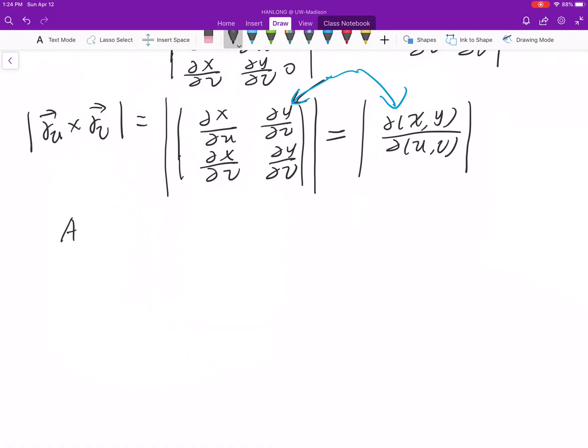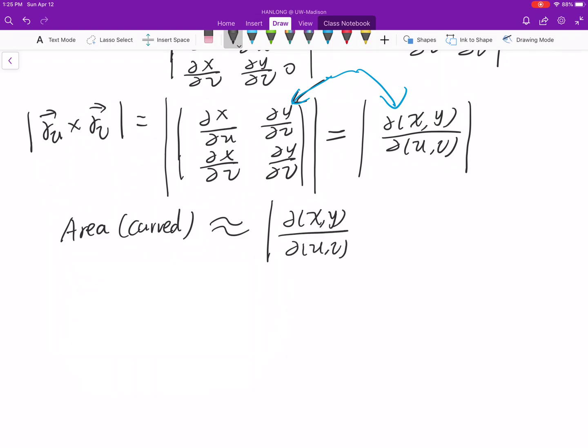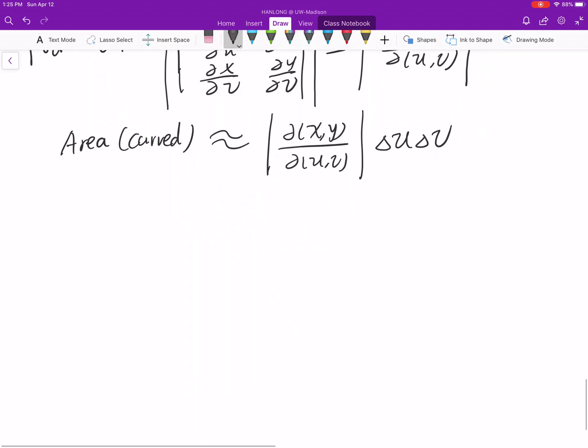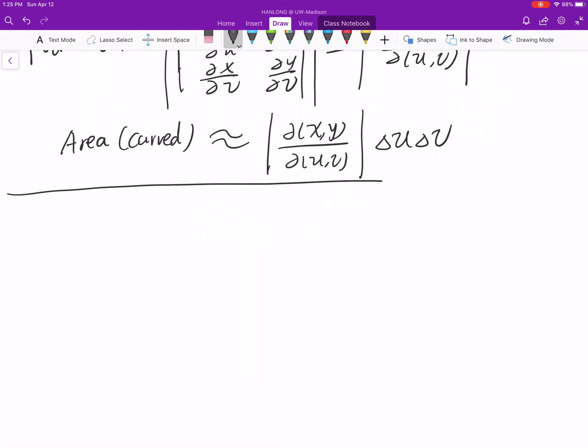And therefore, the area of the curved parallelogram approximately equals the absolute value of the Jacobian partial (x, y) over partial (u, v) times du dv. So this is infinitesimal.